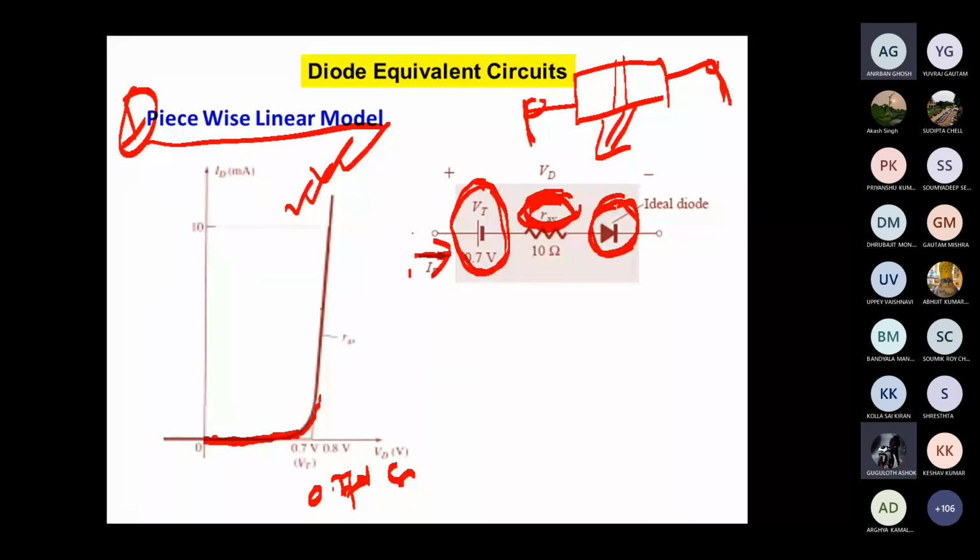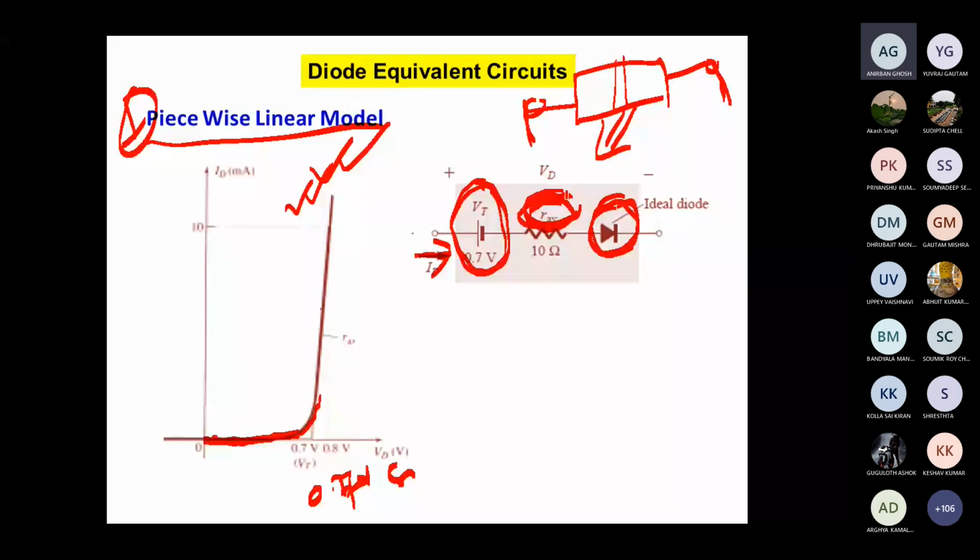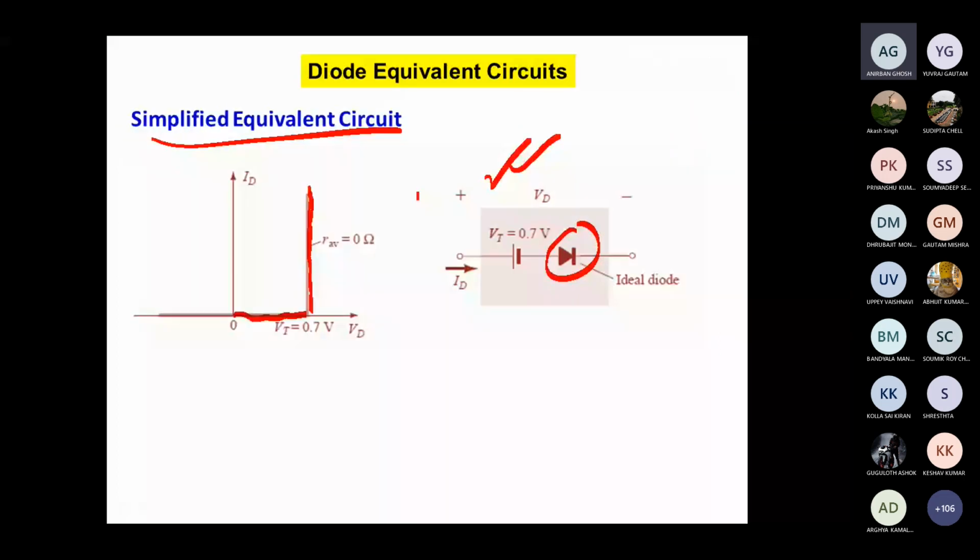Why was that resistor, R average, removed? Yes, this resistance level is very low. So R average is very small. In that case, we can simplify this circuit. Here, R average, we can consider as 0.